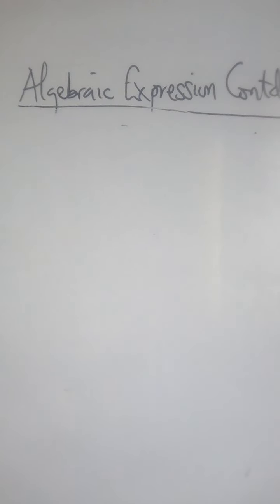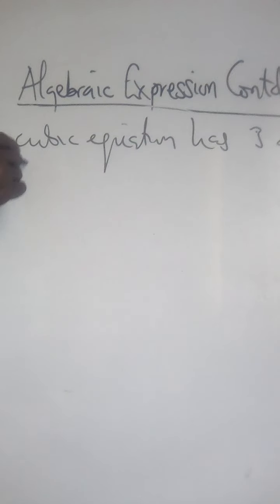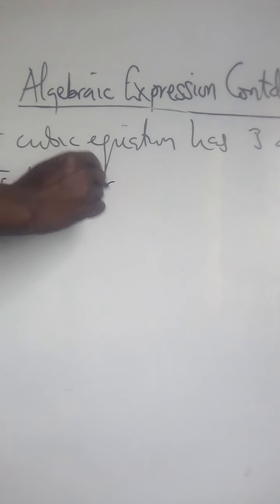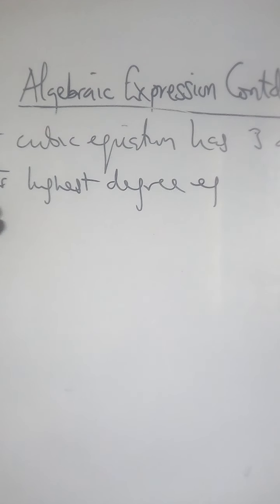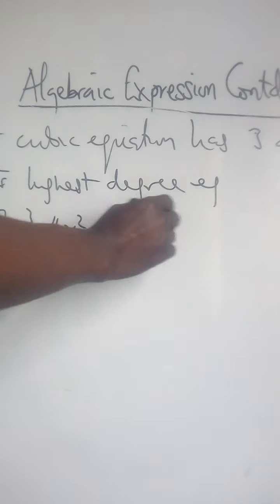We also have a cubic equation. A cubic equation has 3 as its highest degree. For example, I can revert to the previous example we used: 7x cubed minus 4x squared plus 5x is equal to 9.